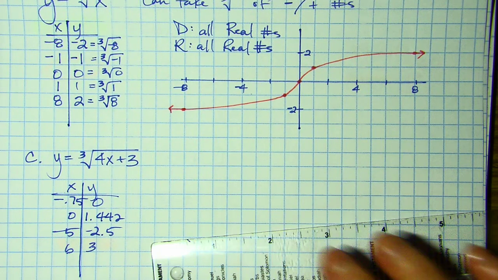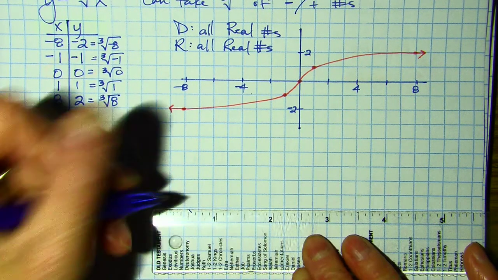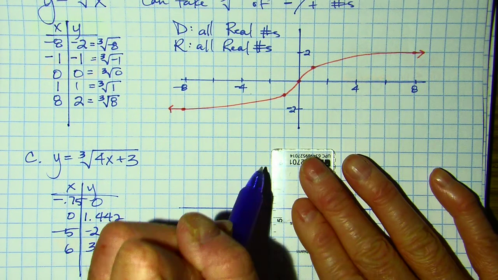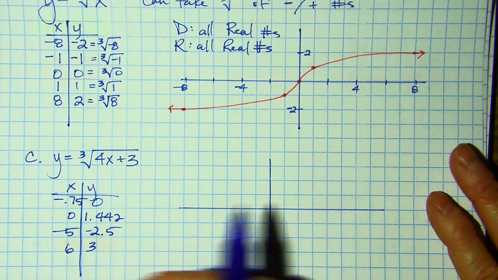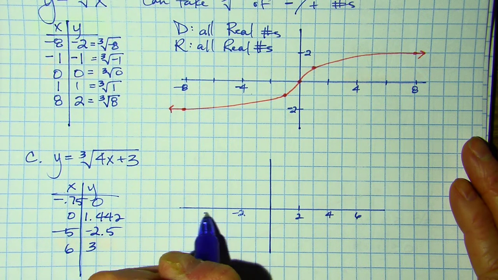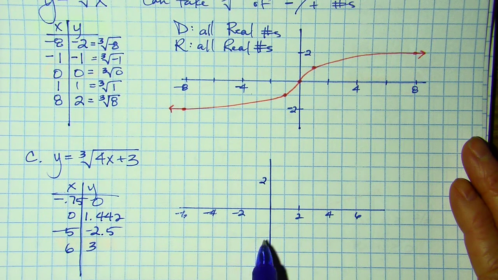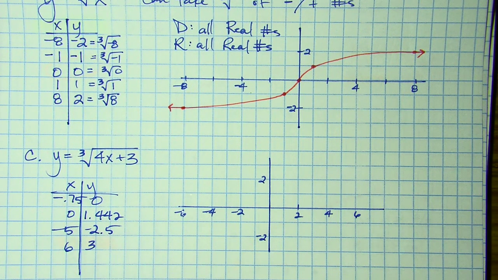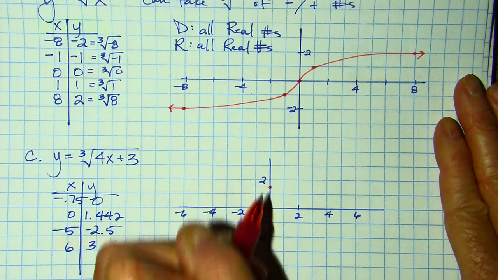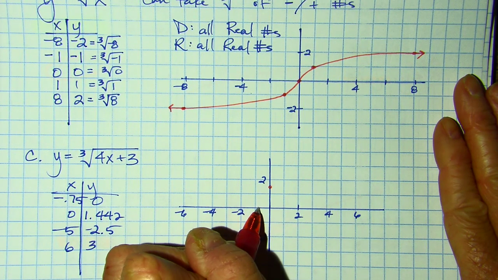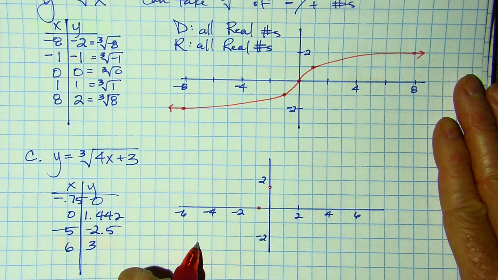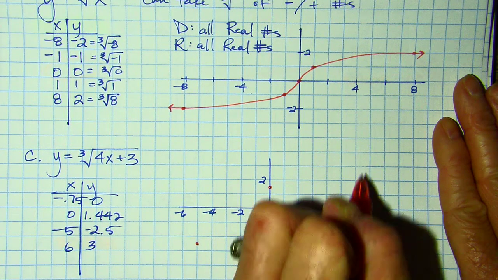So using Desmos, right, that's the benefit of us having Desmos and you not having to do it all by hand. So I've got 2, 4, 6, negative 2, negative 4, negative 6, 2, negative 2. All right, so 0 and 1.4, negative 0.75 and 0, negative 5 and 2.5, and 6, 3.